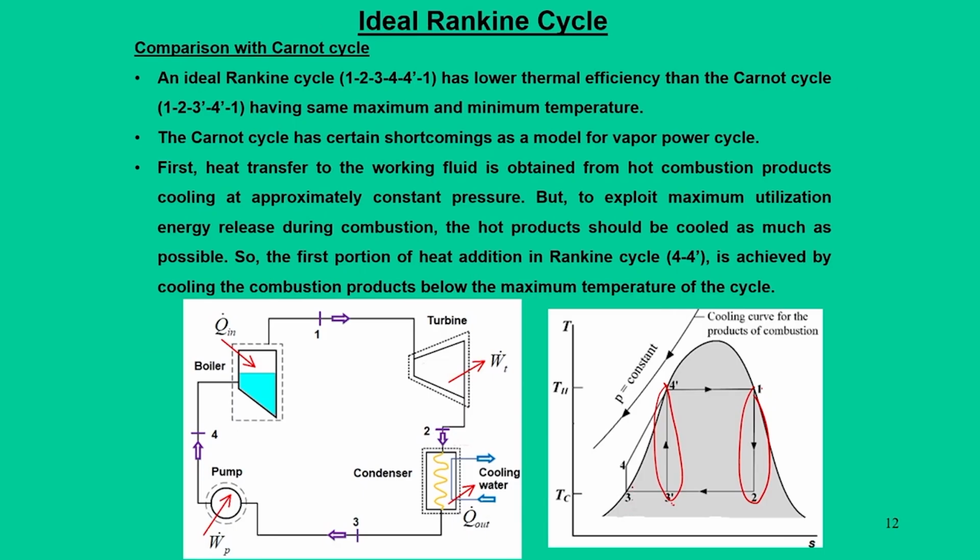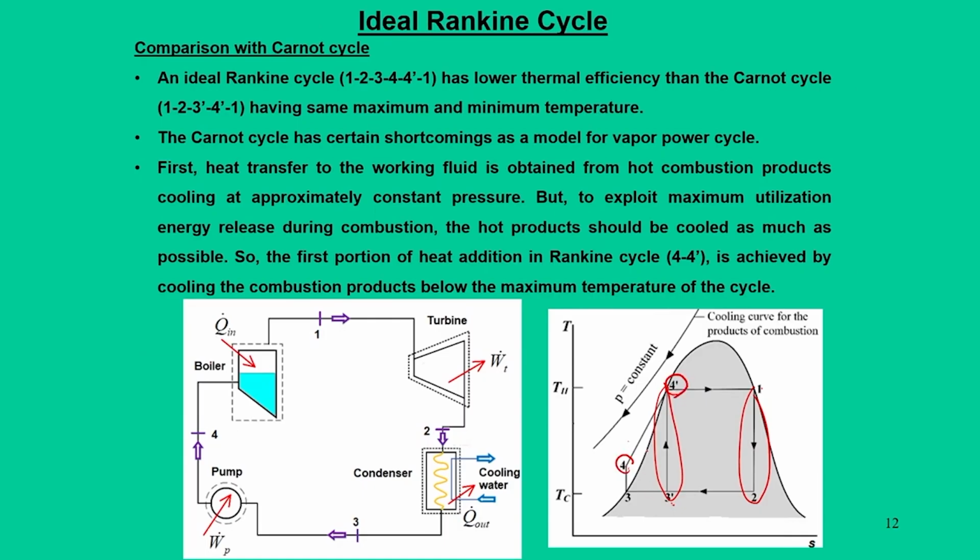When it is shifted to point 3, you can deal with it easily by using a pump. We can increase the pressure of the working fluid using the pump. The other thing is that from 4 to 4 dash, in this process we are adding heat externally in a Rankine cycle, so that liquid at state 4 becomes saturated liquid at state 4 dash.